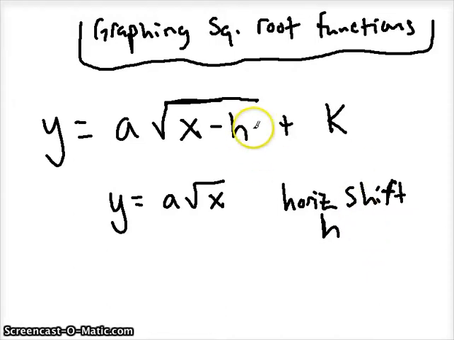If h is negative, and remember that we don't include the sign right here, we're just looking at this variable here, if that h is negative, then it would shift to the left. And if it's positive, you're going to shift to the right.